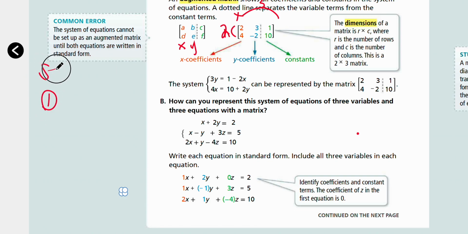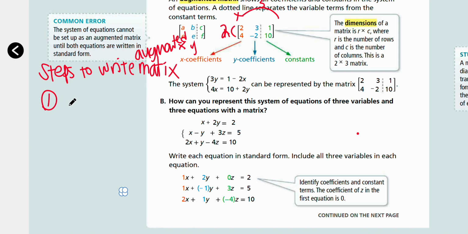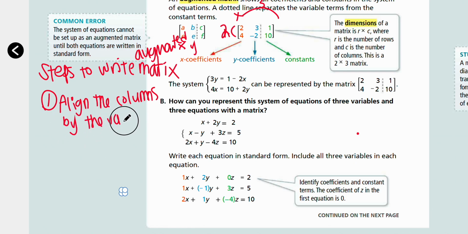Steps to write an augmented matrix. Step 1: align the columns by the variables and the constant.